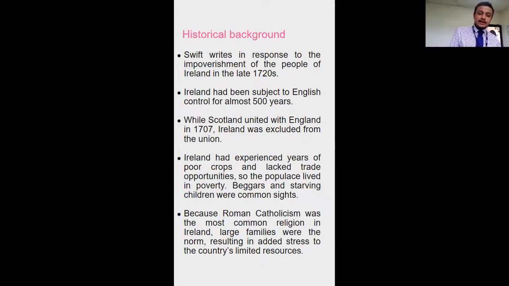Because Roman Catholicism, as we were mentioning before, was the most common religion in Ireland. Large families were the norm, resulting in added stress to the country's limited resources. So I don't know, it happens. This is statistics, guys.